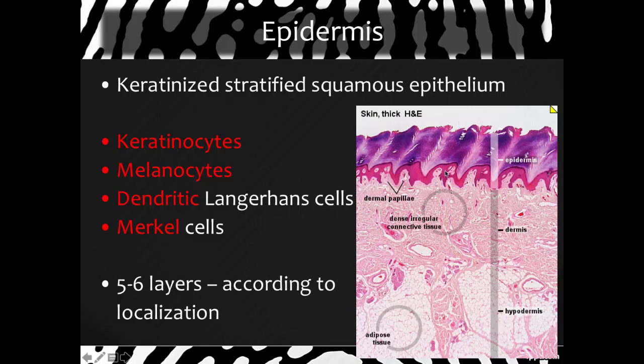So this is the epidermis, and this is the underlying dermis. Note that the boundary between the epidermis and dermis is not regular. It's not a flat line. It is arranged into ridges and papillae, like that.